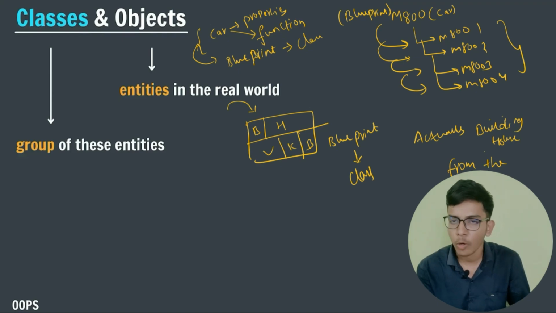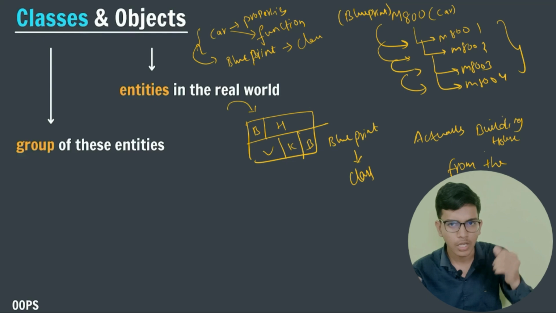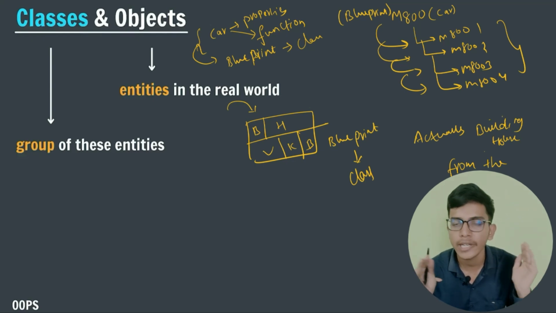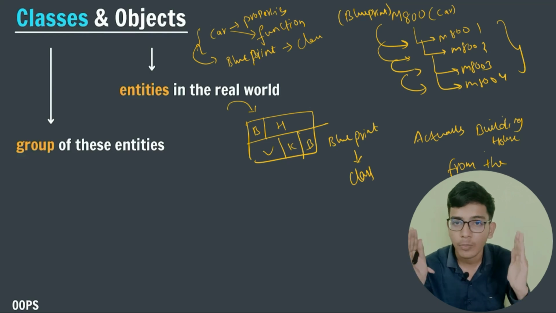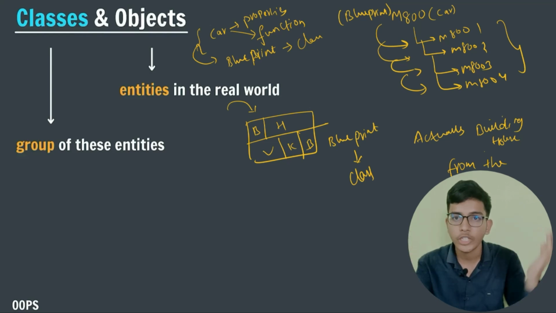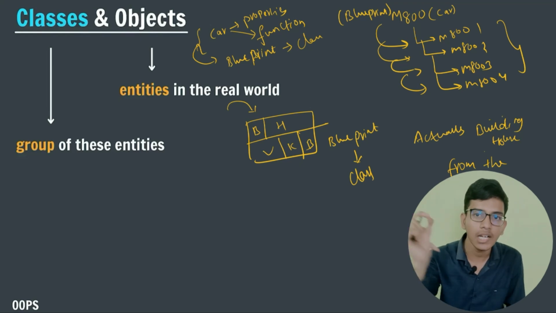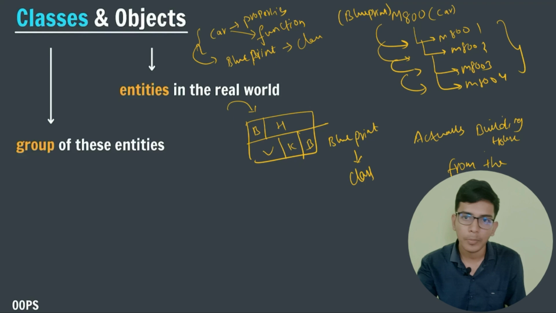Now I have built our house from the blueprint, using the structure or the format of the blueprint. The real world entity, that is our built house, the house which we built, is known as object, and the blueprint describes the structure, functionality, properties, and all those things of a particular object.